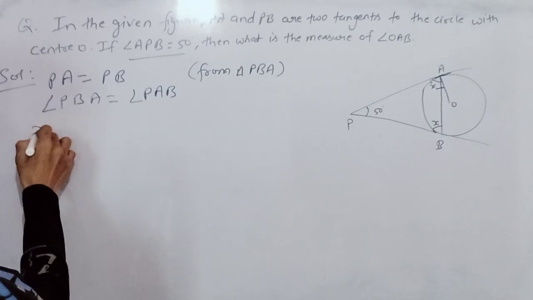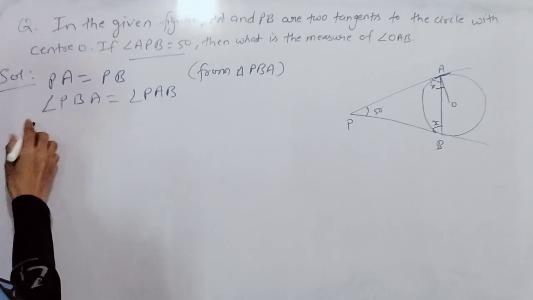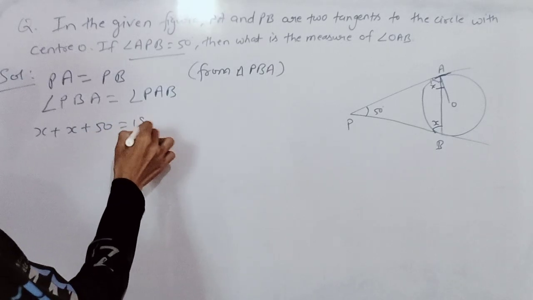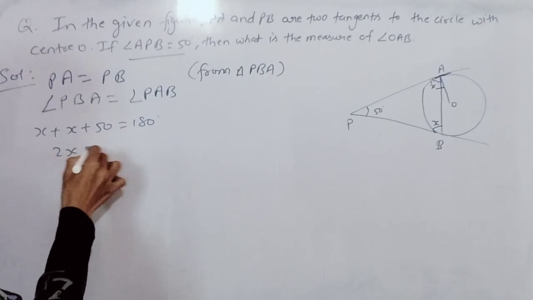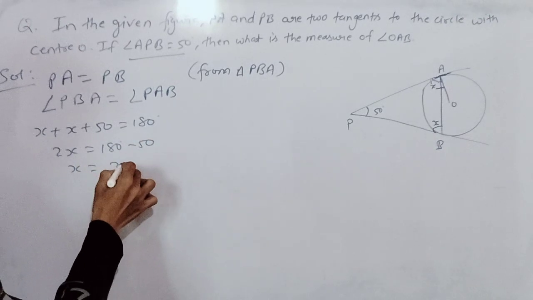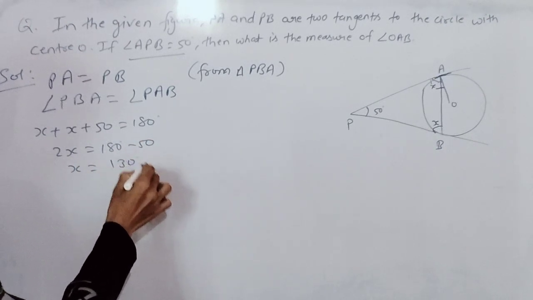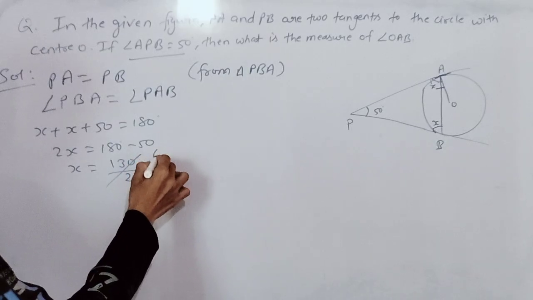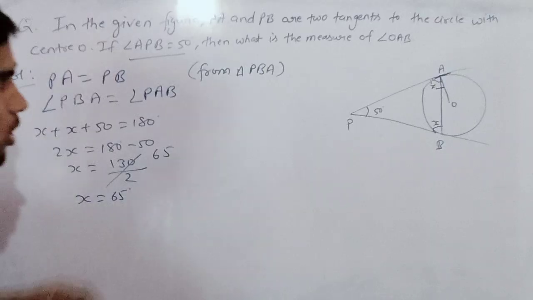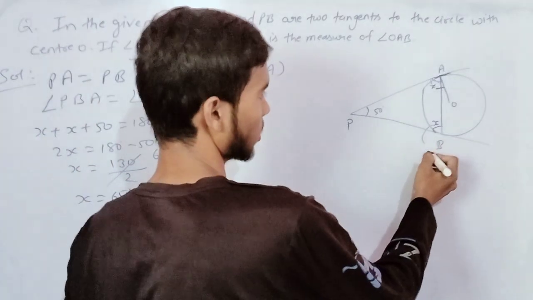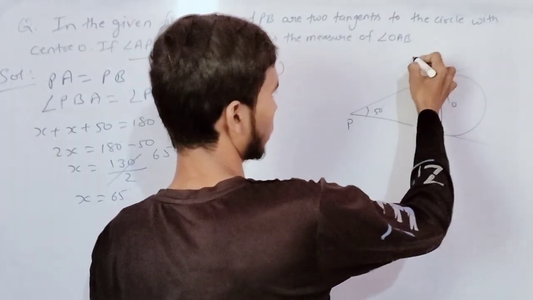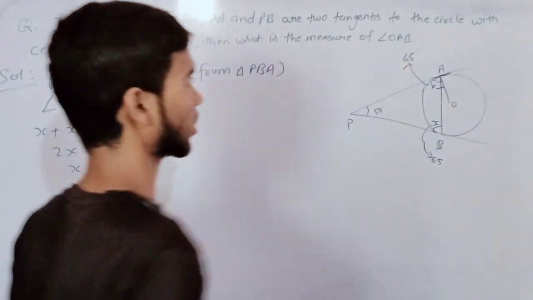So easily we can say x plus x plus 50 is equal to 180. 2x equals 180 minus 50. So here 130 upon 2, 65. x came as 65. So this is 65, this is 65. Clear?